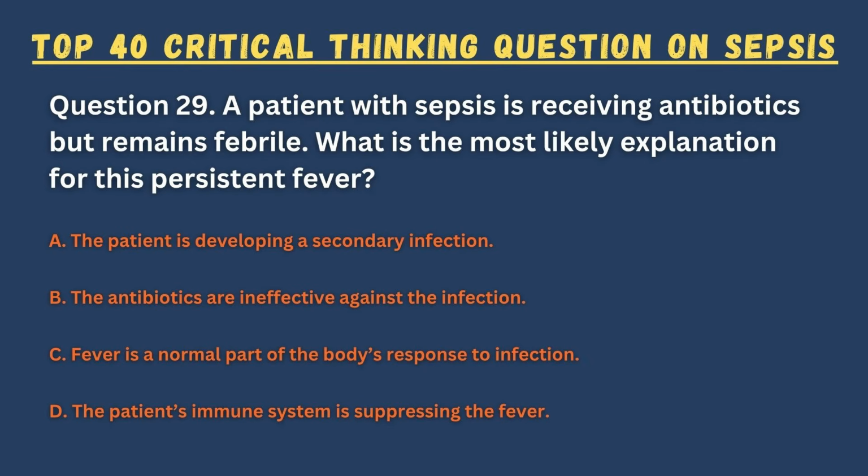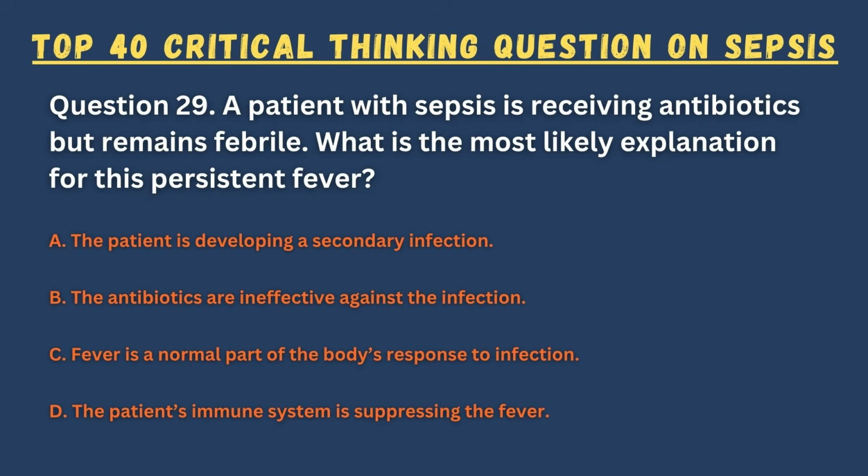Question 29. A patient with sepsis is receiving antibiotics but remains febrile. What is the most likely explanation for this persistent fever? A. The patient is developing a secondary infection. B. The antibiotics are ineffective against the infection. C. Fever is a normal part of the body's response to infection.